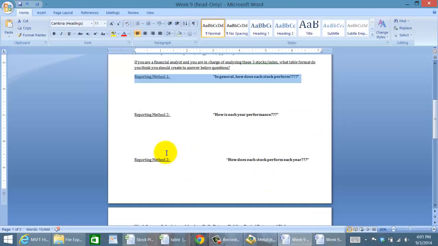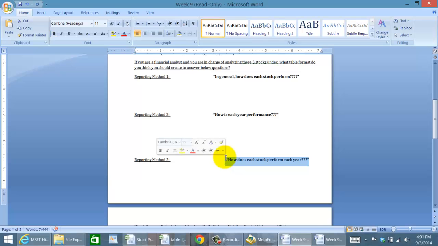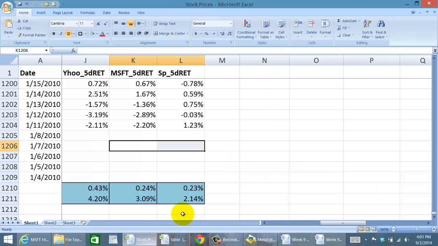Another question could be, I skip the second one, I move to the third one. People may ask you, okay, I know the average risk and return in general for each stock, but I really want to look deep into detail. Tell me how each stock performs each year.